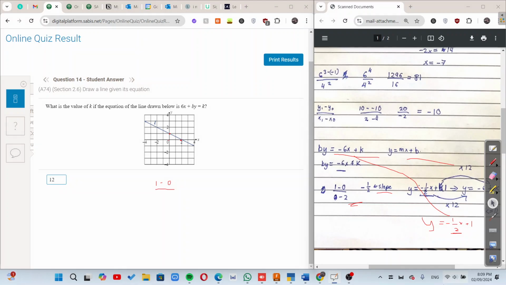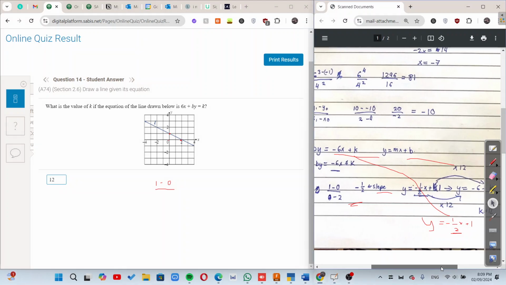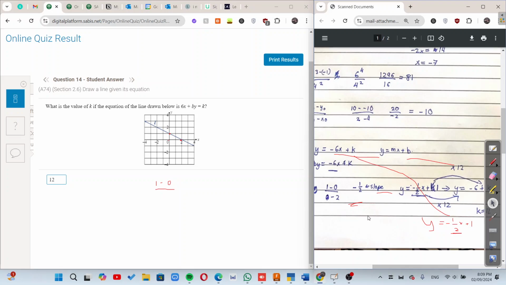Or you could simply do 6 divided by half, which is 6 times 2, which is 12. Since you multiplied this by 12 to get the negative 6, you have to multiply the 1 by 12 to get k. So 1 times 12 equals 12, so 12 is your k, as you can see here. And moving on to the next question.